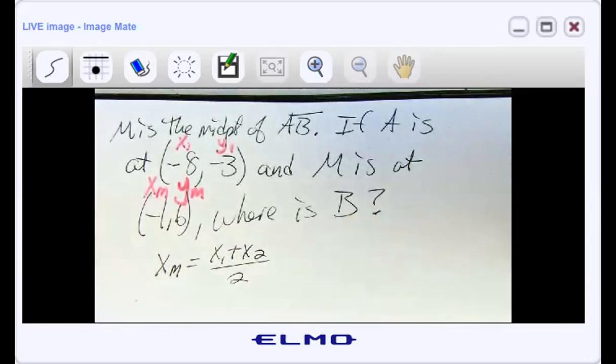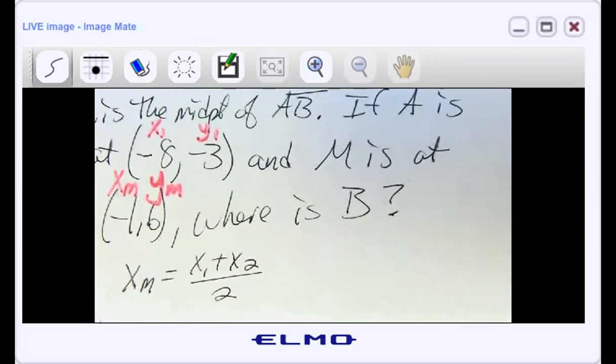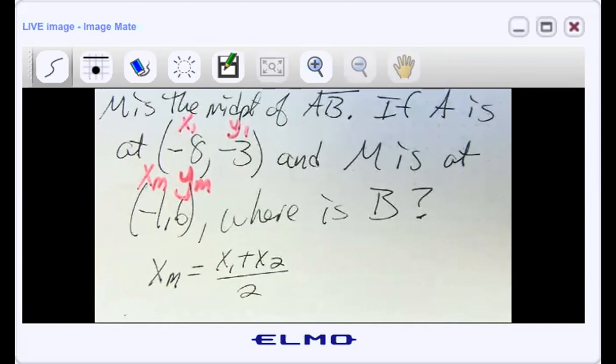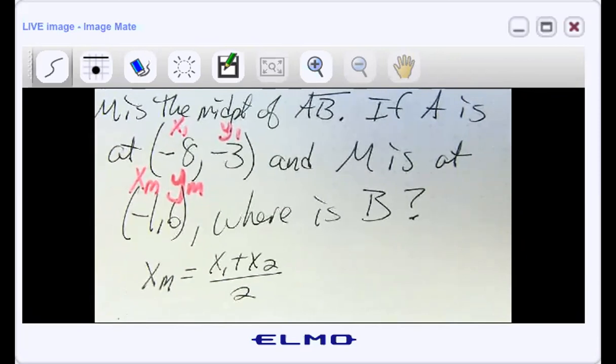So you're filling in those pieces and solving. Feel free to send me your answer when you've got it.